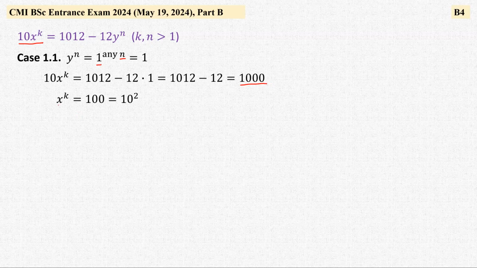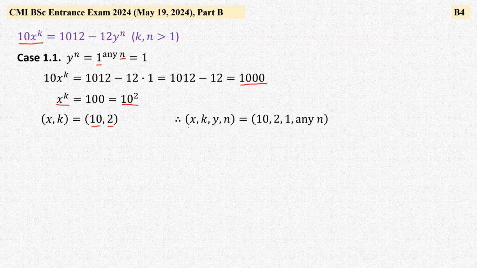This means that x to the power of k equals 100, which can be expressed as 10 squared. The only possible integer solution where k is greater than 1 is when x, k is equal to 10, 2. Therefore, we obtain a solution x, k, y, n equals 10, 2, 1 and any integer n.